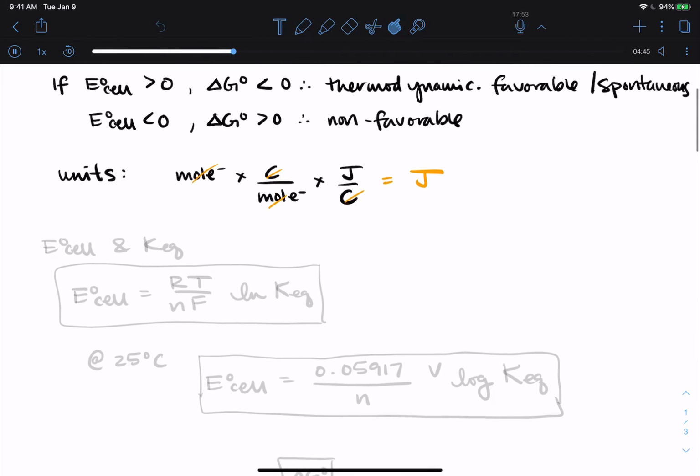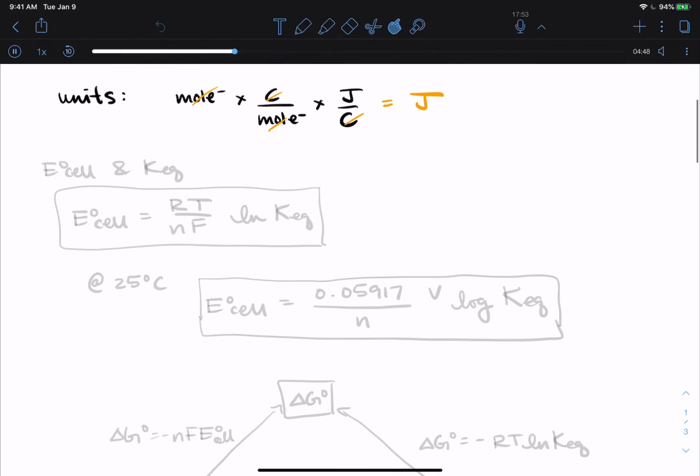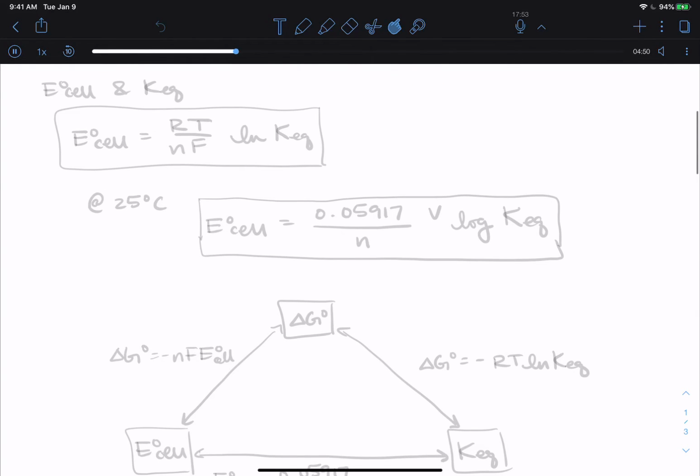Now, we know that there's already a relationship we've set up and used between delta G and the equilibrium constant. So we can use that relationship to look at how we can get an equilibrium constant from a cell potential or vice versa. So the standard cell potential is equal to RT over NF times the natural log of the equilibrium constant.